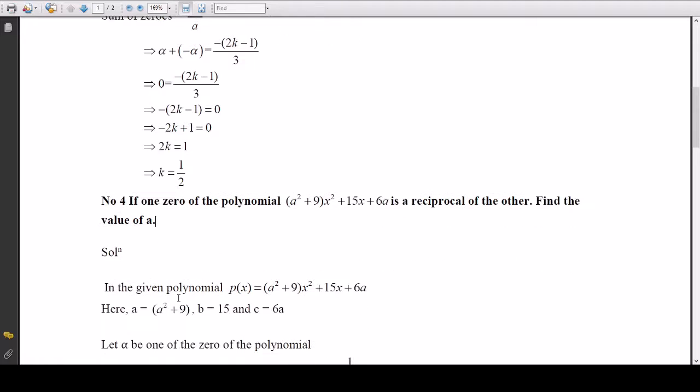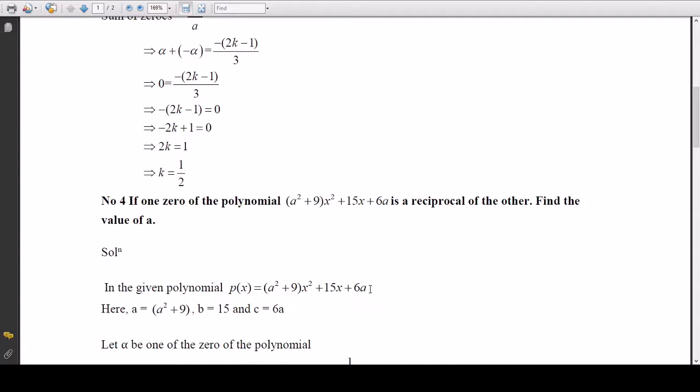Now here, the given polynomial is p(x) = (a² + 9)x² + 15x + 6a. Okay, don't confuse a with the a, b and c of this given polynomial. What is a? a is the coefficient of x squared, which is a² + 9. What is b? b is the coefficient of x, which is 15.